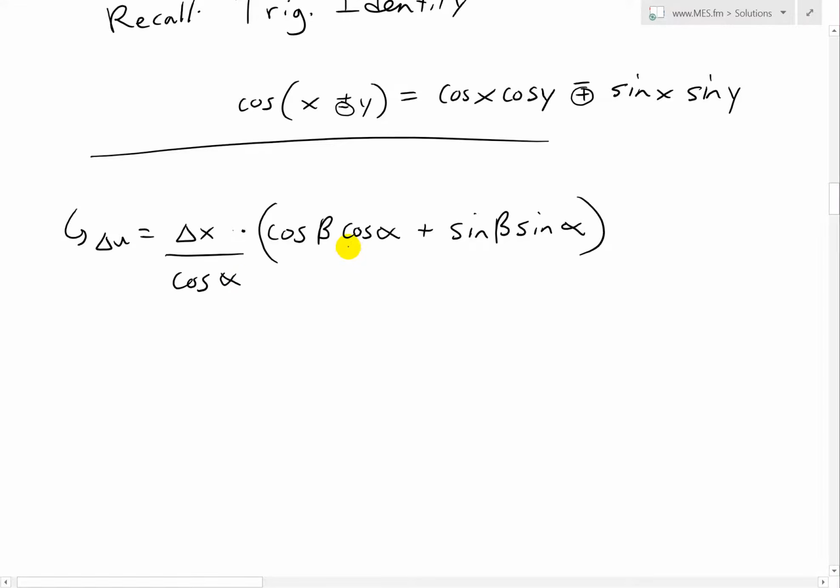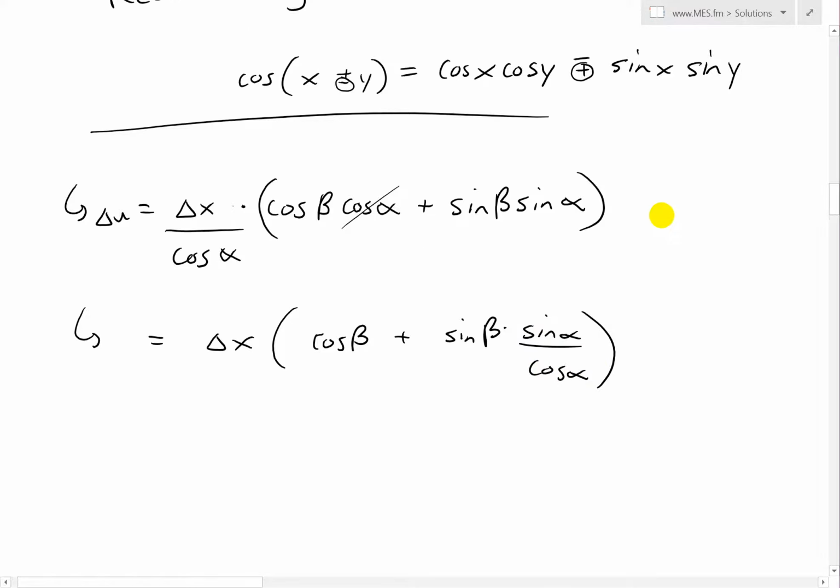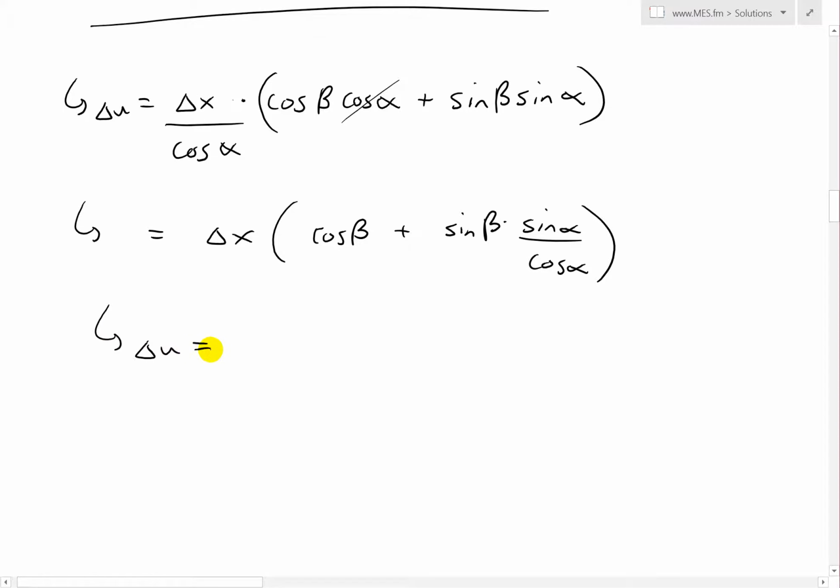We could cancel this out, and what we end up getting is delta U equals delta x times cosine beta plus sine beta times sine alpha over cosine alpha. This is just tangent. So we finally get delta U is equal to delta x times cosine beta plus sine beta times tan alpha.